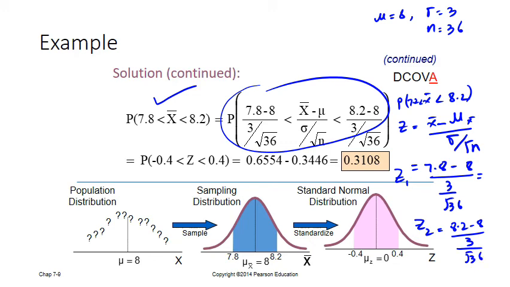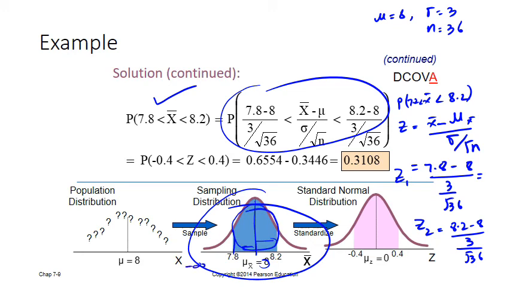So you can draw the normal curve. Here you can see the normal curve. Mu is always in the center, which is 8 as given. X bar 1, 7.8, will be on the left side, and x bar 2, 8.2, on the right side, so we need to find the area between them.